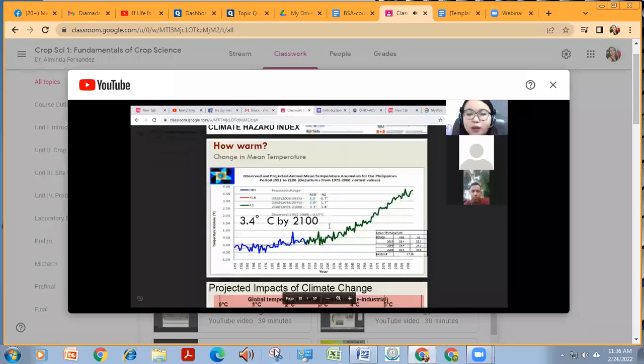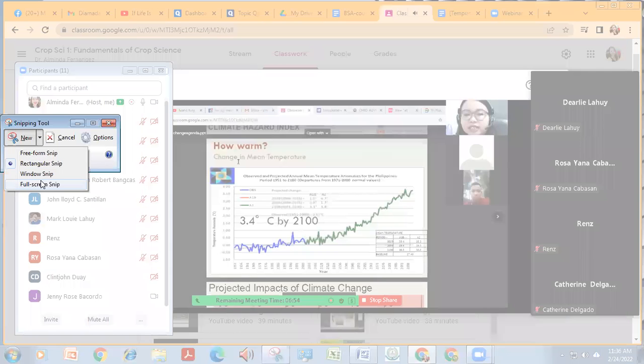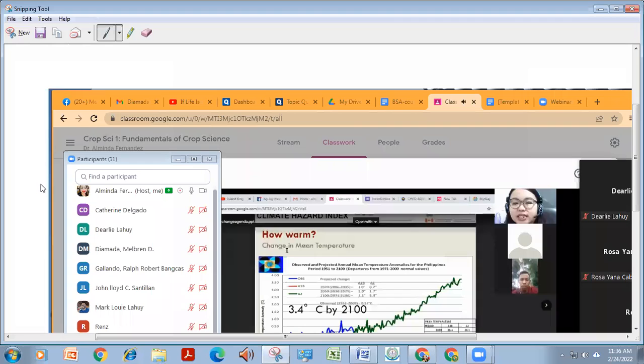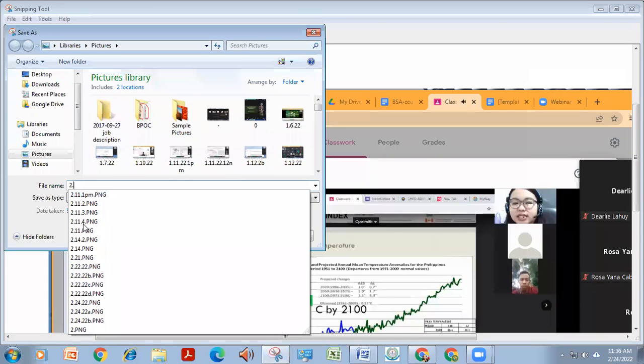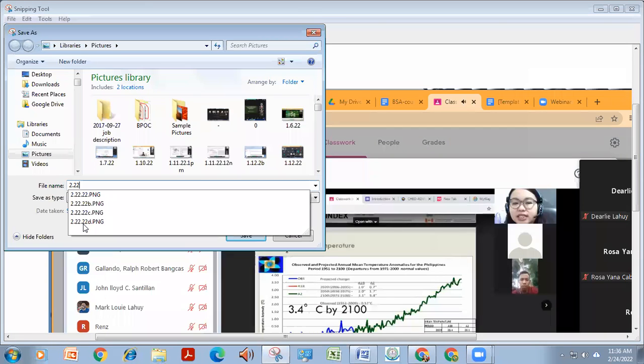So how would a change in mean temperature affect all living things?